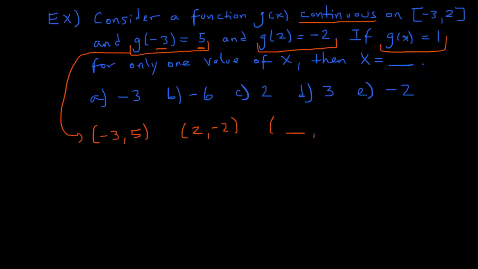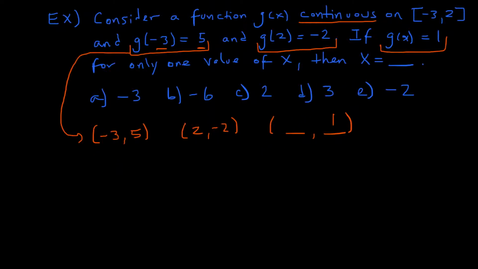I don't know what the x is, but the y is 1. We don't know what x is, that's why they left it as x. But the y value, g of x, is 1. And this happens for only one value of x. So they want you to tell them what the x value must be.